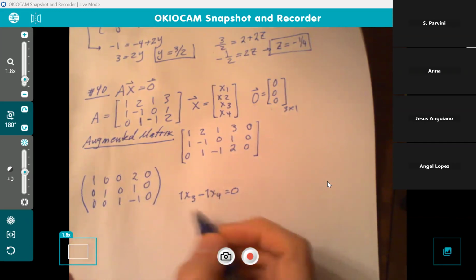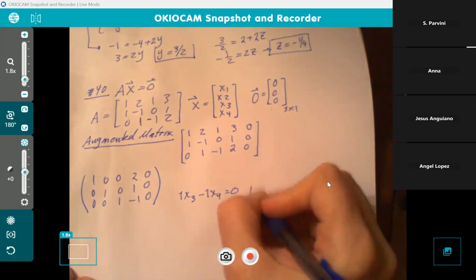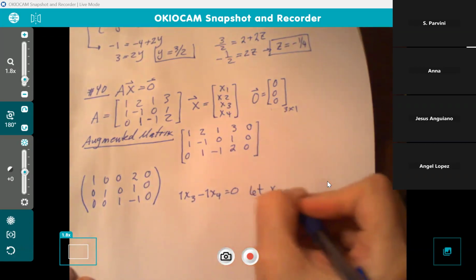And remember, for this one, we talked about free variables. Which of these two variables is the free variable? Would it be x sub 3 or x sub 4? X sub 4. Good, x sub 4. So we're going to let x sub 4 be t.